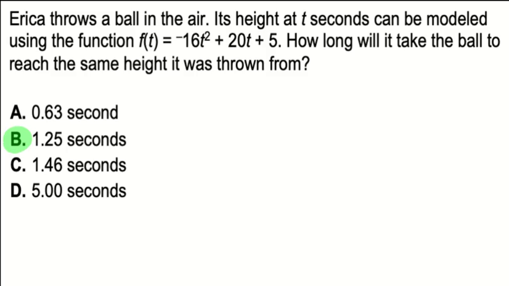All right, so the first thing we have to know is what height it was thrown from. 5. How do we know that? The y-intercept, our C value, is going to be the height it was thrown from. All right? So that's what we're looking for. The easiest way is probably to put it into Desmos. In Desmos, you have to use x's.